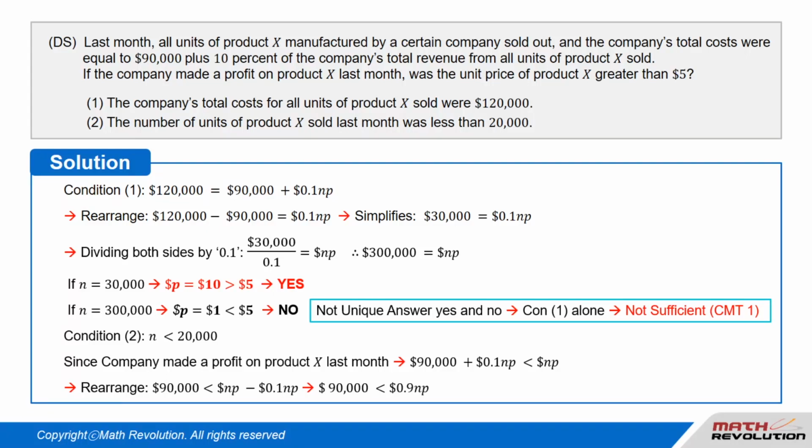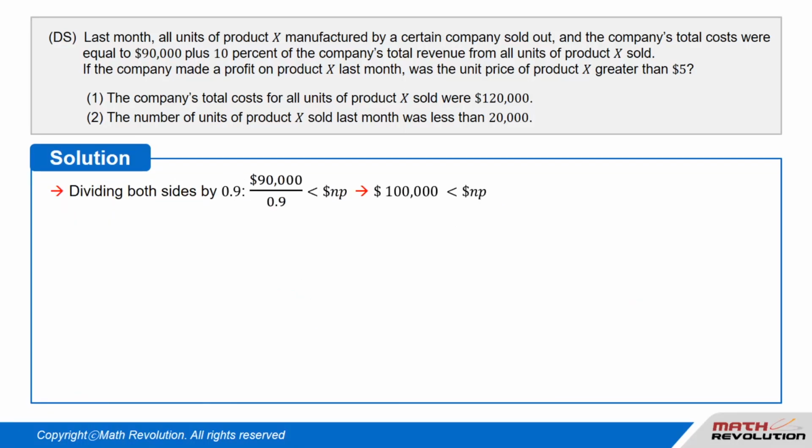Rearranging the equation gives us $90,000 is less than dollar amount n times p minus $0.1 times n times p, or $90,000 is less than $0.9 times n times p. Dividing both sides by 0.9 gives us $90,000 over 0.9, which is less than dollar amount n times p, or $100,000 is less than dollar amount n times p.